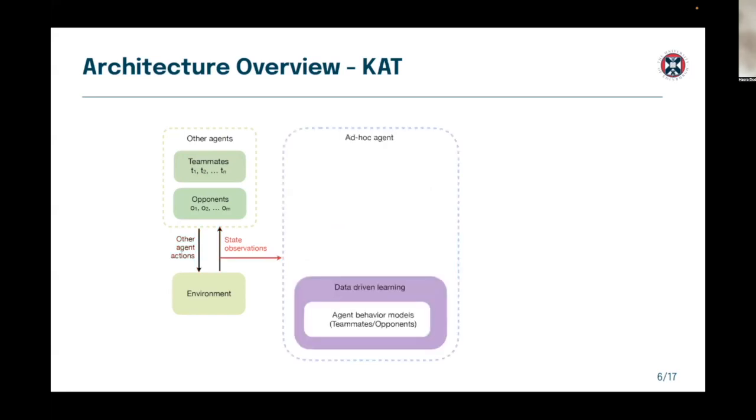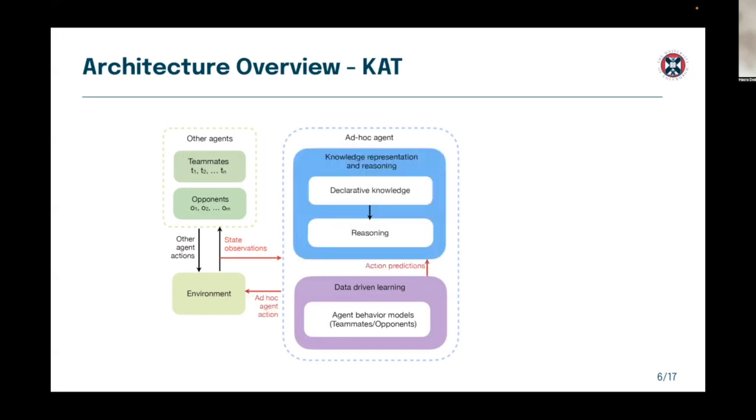The ad hoc agent is going to have two main components. The first component is based on learning. This is used to create the predictive models of the other agents, based on the state observations it receives from the environment. The next component is the knowledge representation and reasoning component, which has the declarative knowledge and the reasoning component.